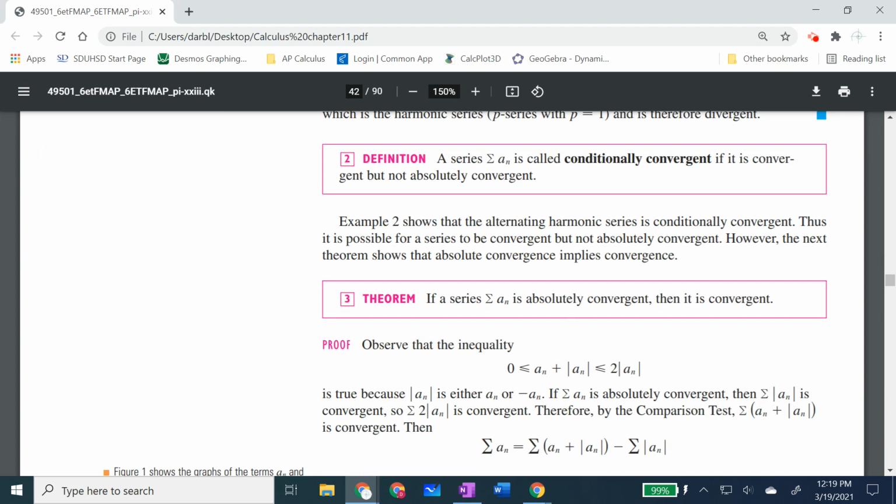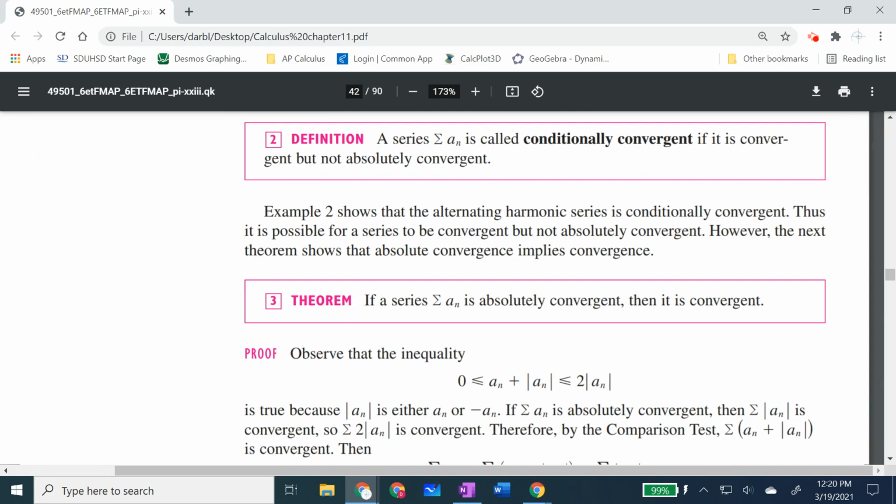Theorem 3 right there. If you find that you have absolutely convergent, it is automatically convergent. So honestly, I don't know why the textbook was going through that extra step, because it is not needed. If you can show absolutely convergent, you're done. You can say at that moment, flat out convergent.